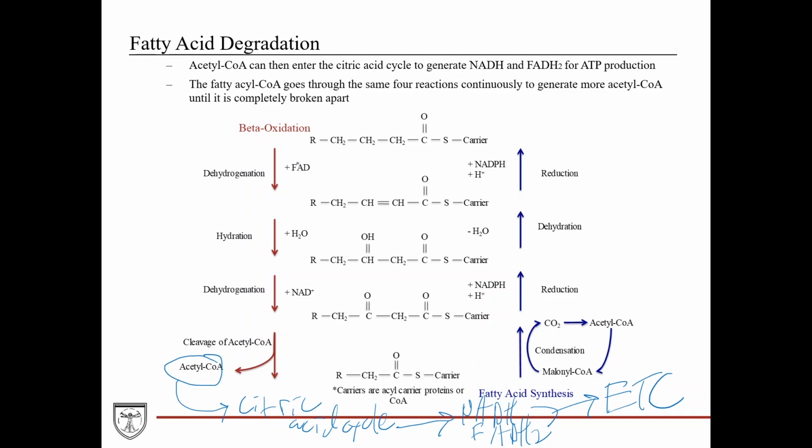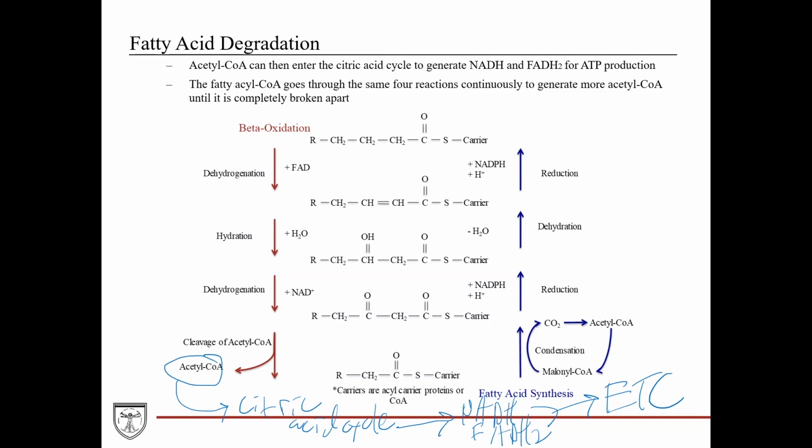So not only do you get FADH2 and NADH as a part of just the beta-oxidation process, you also generate an acetyl-CoA, which then enters into this process to generate even more NADH and FADH2. So fatty acid oxidation can generate a lot of ATP, which is good because it's often called upon during the fasting phase and when you've essentially run out of a good supply of glucose.